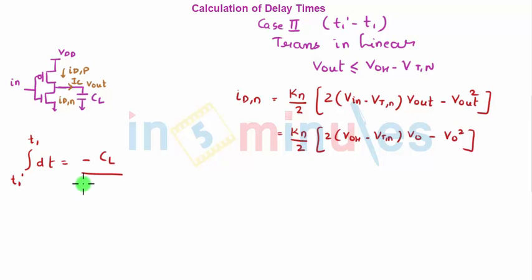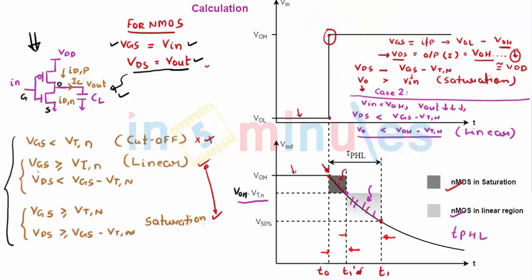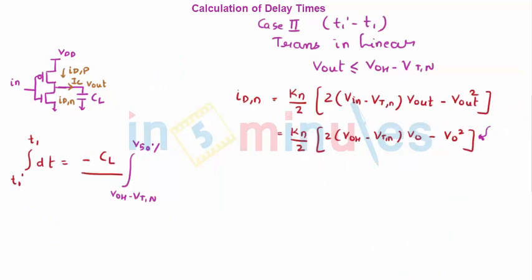But now what's going to happen is, here the equation ID is a function of the output voltage, so it also needs to be integrated, correct? Everyone agrees to that. So the initial voltage where we are going to integrate is VOH minus Vtn, and we will go up till V50%, which will be the final. Look here, we start on this point and we go up till this point to find T1 dash to T1. That's exactly what I've done.